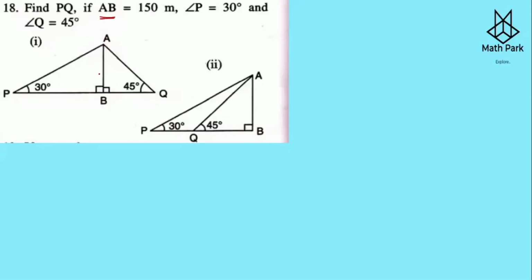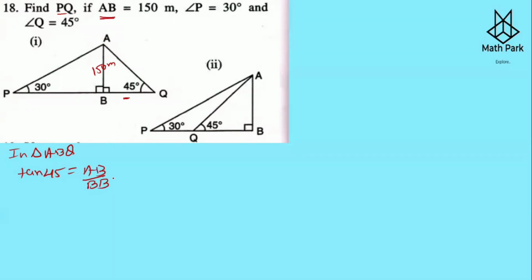If AB is 150 meter, angle P is 30 degree and angle Q is 45, we have to find PQ. So that is this distance we have to calculate. Let us find BQ first. In triangle ABQ, we have tan 45 = AB upon BQ.